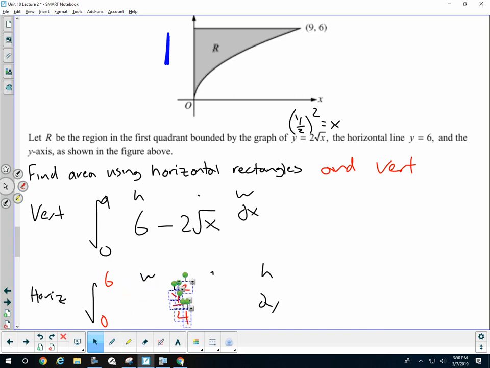Type both of those integrals into your calculator. The integral from 0 to 9 of 6 minus 2 root x, and the integral from 0 to 6 of y squared over 4, or y over 2 squared.